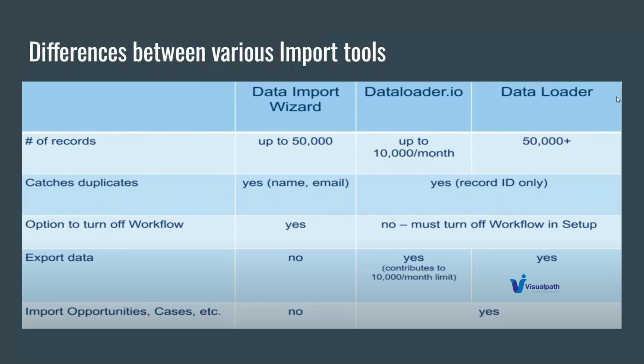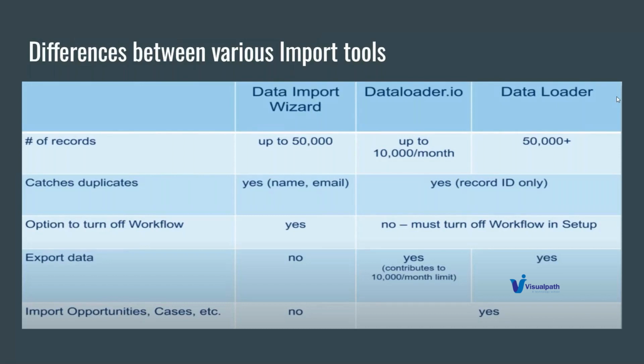That can be done using the import wizard, but in Data Loader and dataloader.io, we need to turn it off. If we are doing it for 50 million records and 50 million times a user gets a notification that the record is updated, that is not good, right? So we must turn it off.